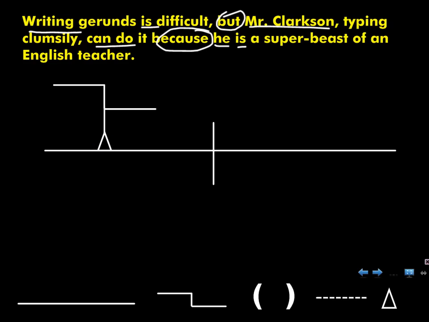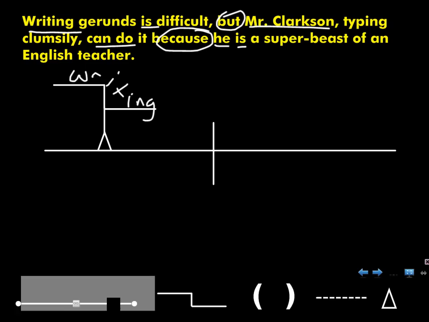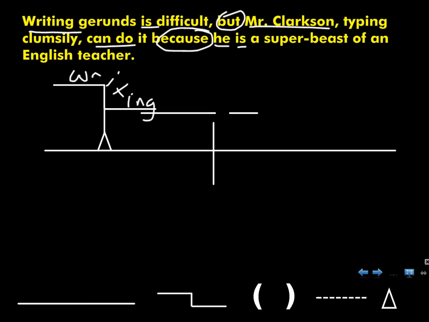Now you have a structure that will work, because it will allow me to write the writing falling down the staircase as gerunds do. It will also allow me to diagram the word gerunds.